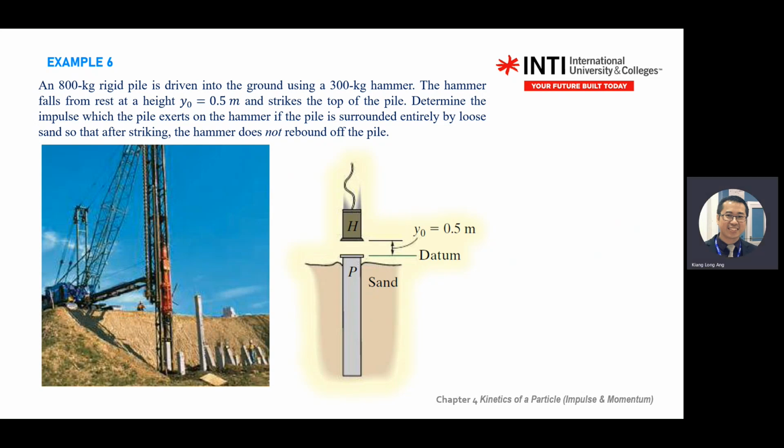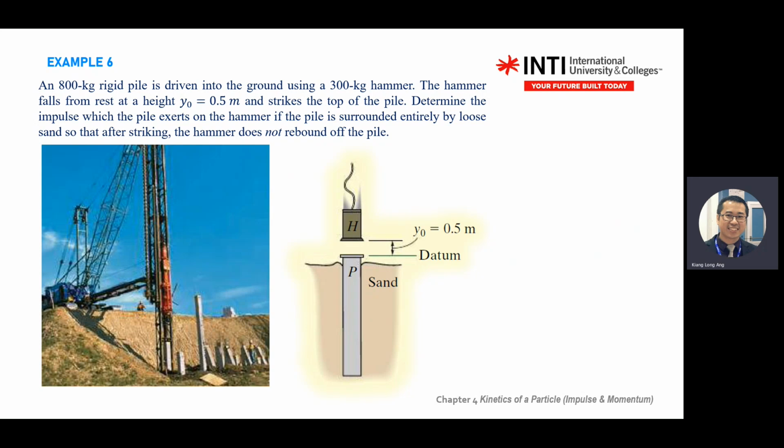Okay. So when you look at the question, basically you can write out all the equations already. For example 6, although it looks very complex, you look at the question, you're given a datum, you think, what kind of question has a datum? Pulley and potential energy. When you deal with potential energy, you deal with conservation of energy. You write kinetic plus potential before equals kinetic plus potential after.